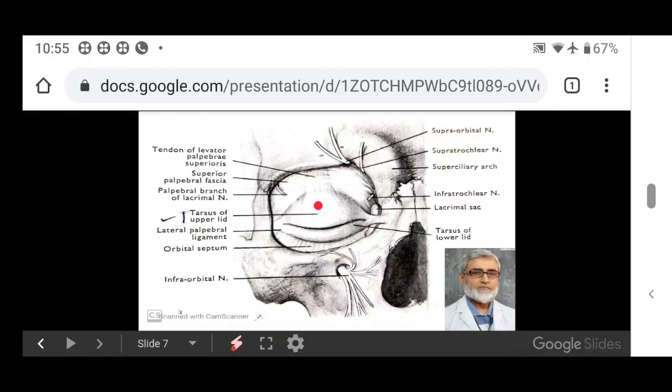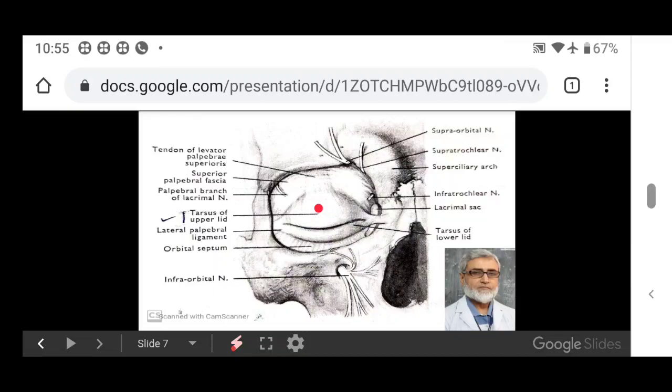Observe sharply, this is the tarsus of the upper eyelid. It is written here, tarsus, and the arrow mark is here. It is a thin plate of condensed fibrous tissue extending from the margins of the eyelid. Tarsi stiffen the eyelid.